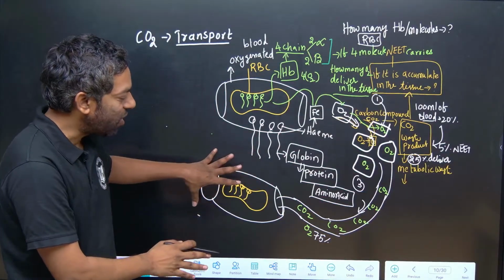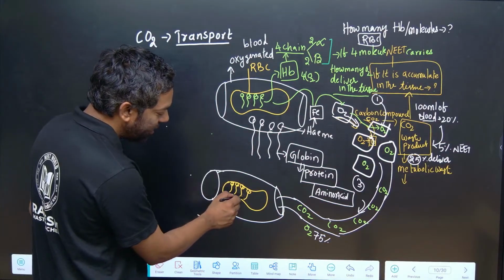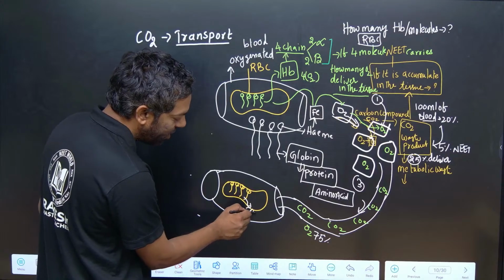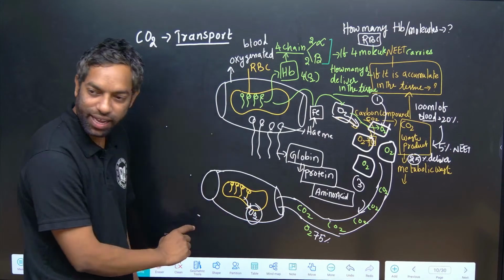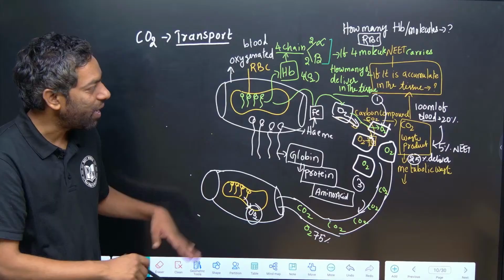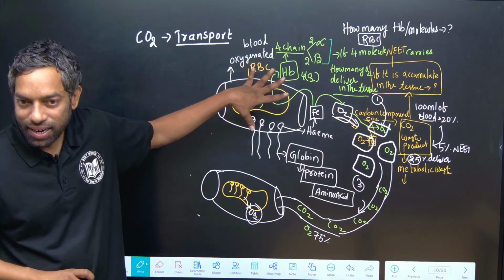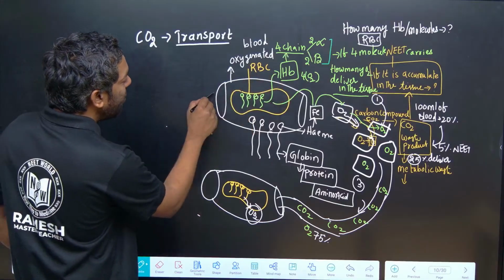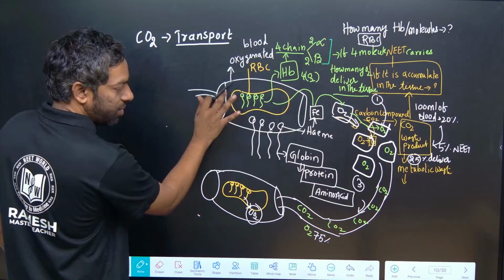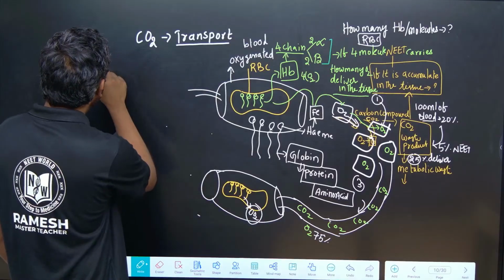So, in the deoxygenated blood, they can attach carbon dioxide to the tail part, the globin chain. They can attach to the tail part. Okay? We are going to discuss the carbon dioxide transport here.